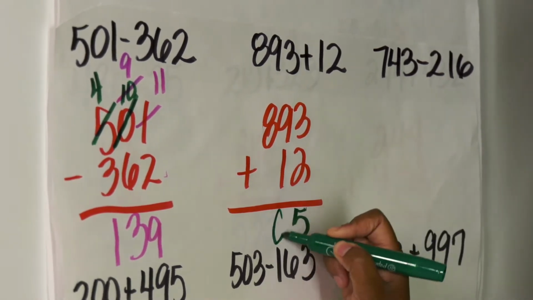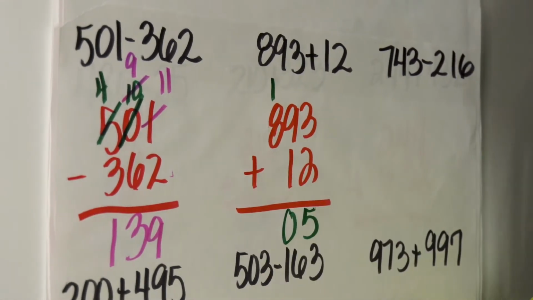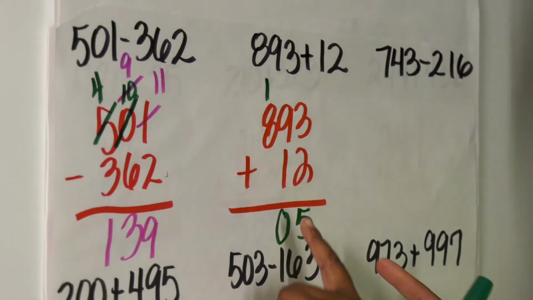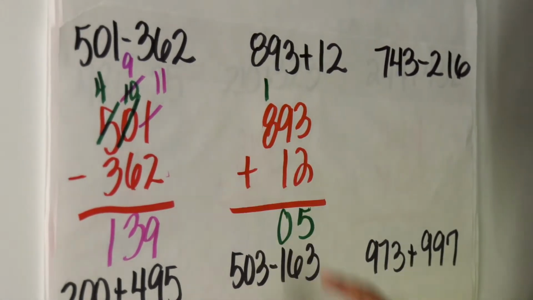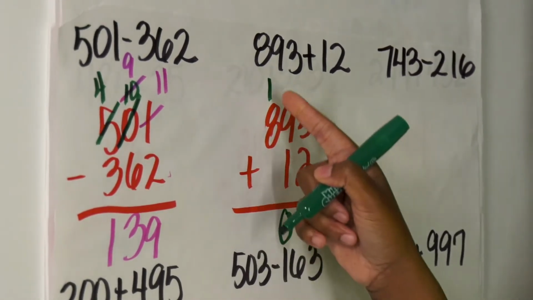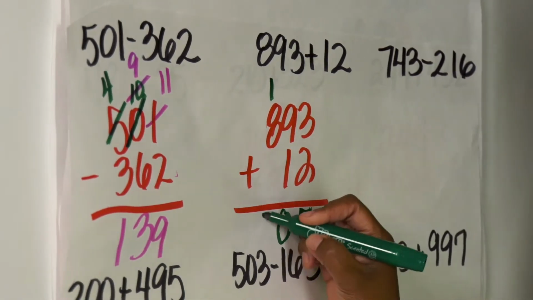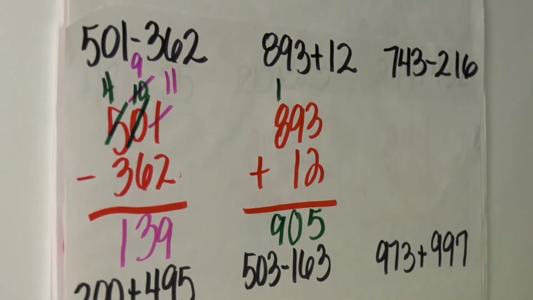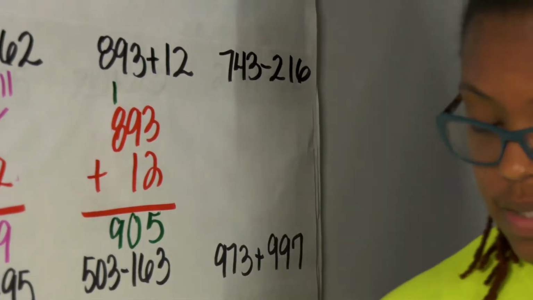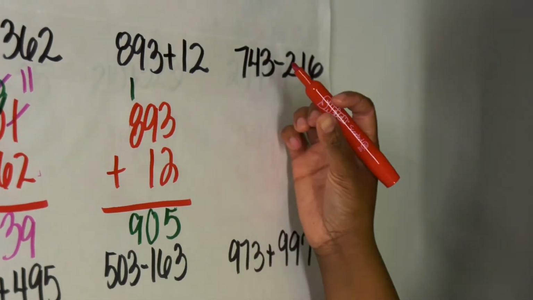So we put our 0 here and we carry our 1. Now we have 1 plus 8 plus nothing. 1 plus 8 is 9, and 9 plus nothing is 9. So that is 905. Remember, the goal of this lesson is to become fluent adding and subtracting mathematicians.